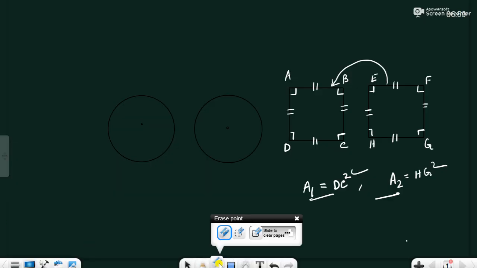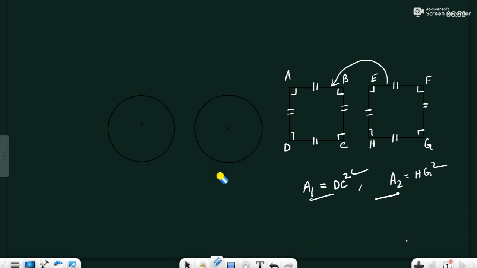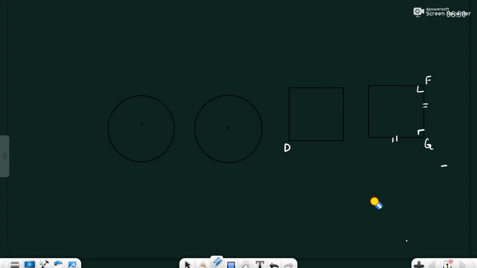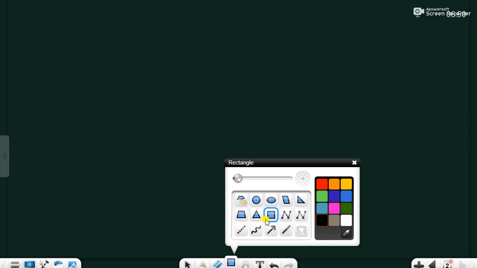Now we are taking a new slide here, right? Now you see what is the meaning of this. Suppose we are taking two triangles here. This is triangle number 1.